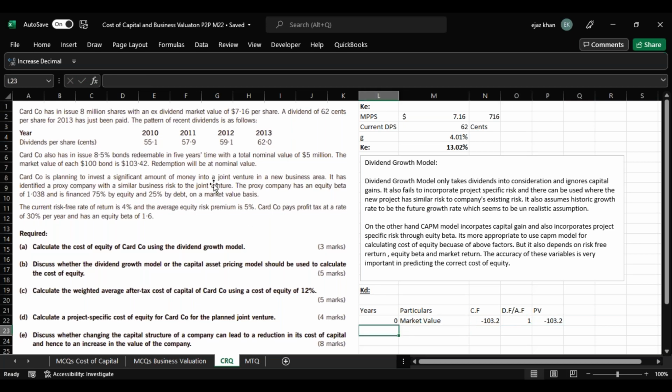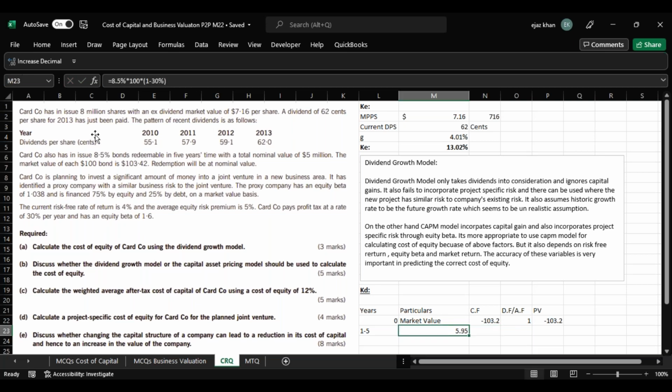Now the debt is going to be redeemed in 5 years' time, which means that from year 1 to year 5 we will be paying interest, and the rate of interest is 8.5%. So 8.5% into $100 into 1 minus tax. Tax is 30%.